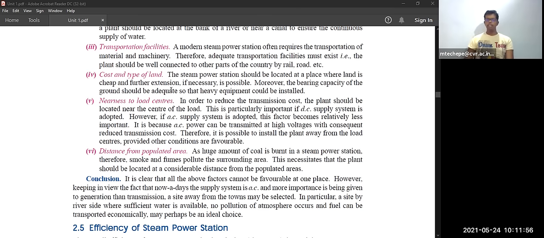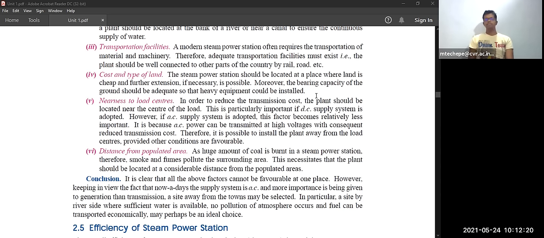Moreover, the bearing capacity of the ground should be adequate so that heavy equipment could be installed. Even nowadays, in any place, even volcanic areas, they are constructing, because technology has improved.